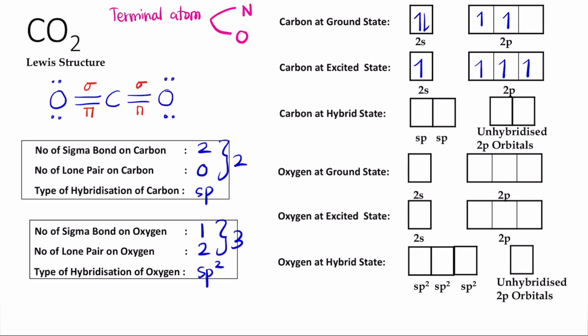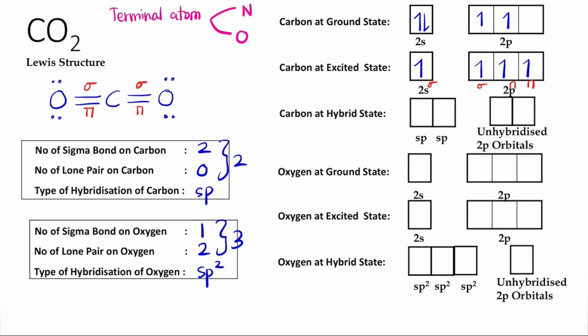Next, hybrid hanya suka sigma bond dan lone pair sahaja. So, maknanya, saya tak akan include pi bond. Contohnya, saya ada sigma untuk this one and then pi untuk this one. So, untuk hybrid for carbon, saya hanya include sigma bond dan juga lone pair sahaja. Tapi sebab kita tak ada lone pair dekat carbon, maknanya kita hanya guna 2 sahaja unpaired electron to form sp hybrid orbital.